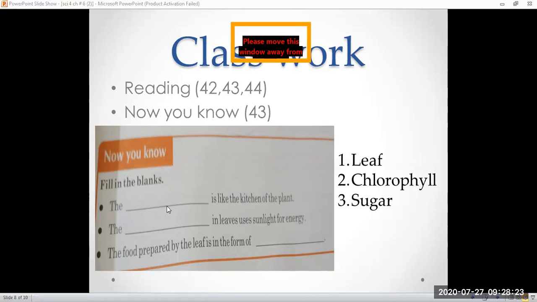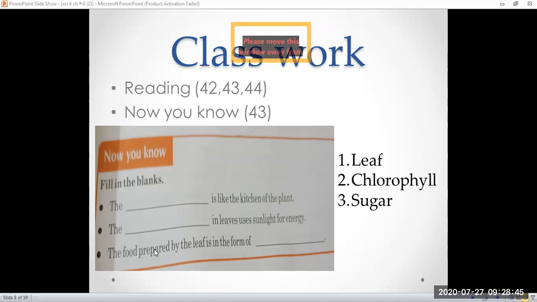Second one is that the dash in leaves uses sunlight for energy, that is chlorophyll. Write down: the first one is leaf, the second one is chlorophyll.